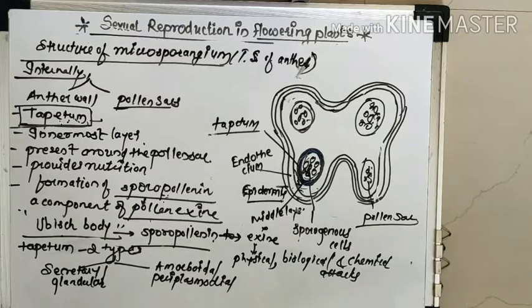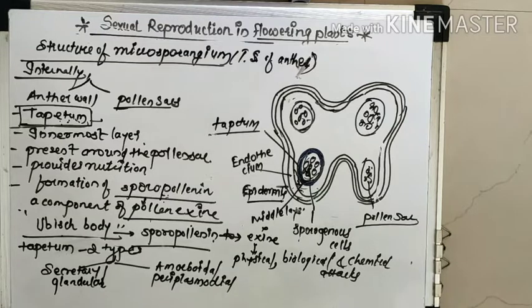So what is the role of the secretory or glandular septum? The septal cells present in that layer remain in situ, all through the development of the microspores, and finally they degenerate.